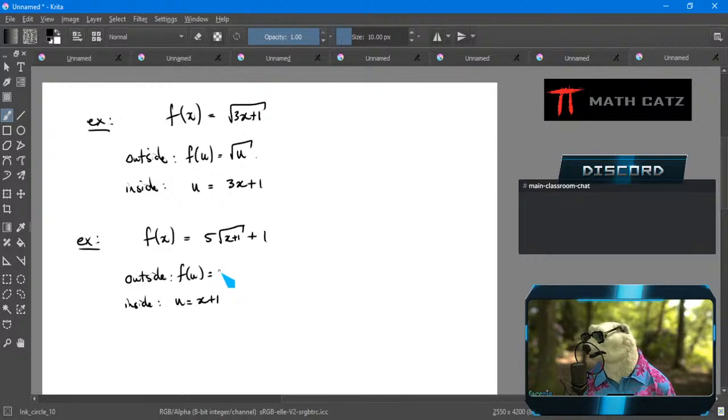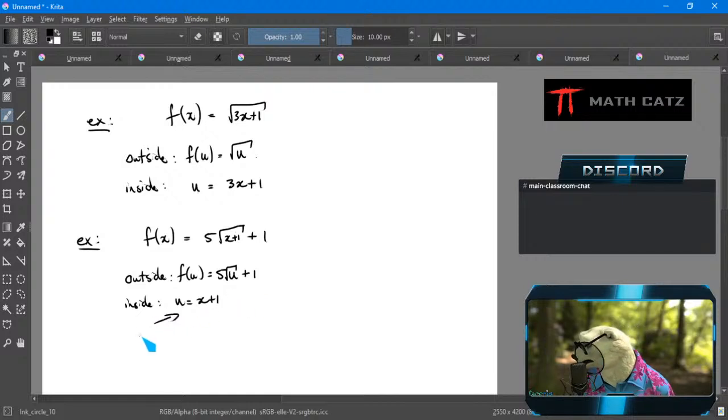And the outside function, I hope we all agree, will be 5 times u plus square root of u plus 1. Is everyone happy with what the outside function has to be, given I've chosen this inside function? No one's happy? Oh, I thought at least someone would be happy.